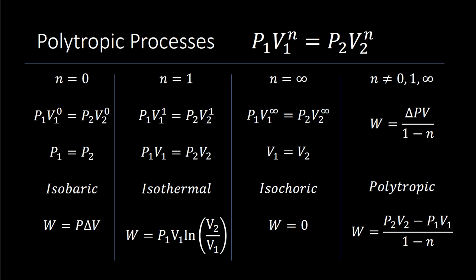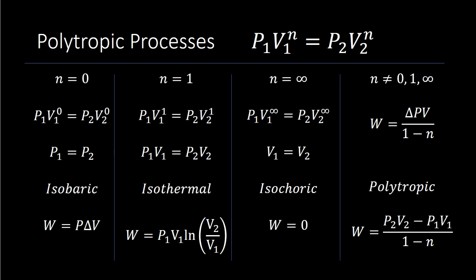And therefore, our work equation, we can simplify to work equaling pressure times the change in volume for any isobaric process. Now, if n equals 1, well, that just makes our polytropic equation become P1V1 equals P2V2.